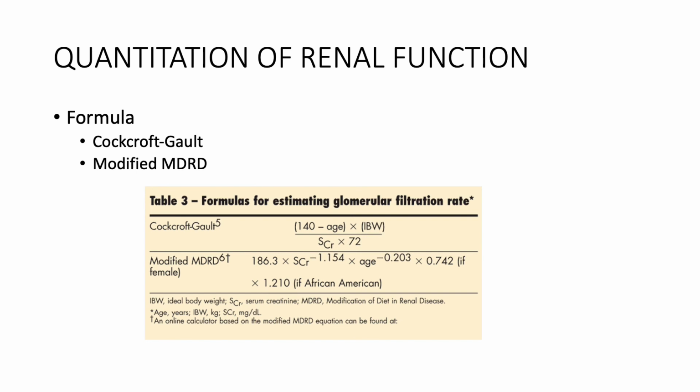Now, this is based on the patient's age, body weight, and serum creatinine. With this equation, however, 20 to 30% of subjects have an estimated GFR outside the relatively large 30% accuracy range of the measured GFR. So, it's not that precise or reliable.